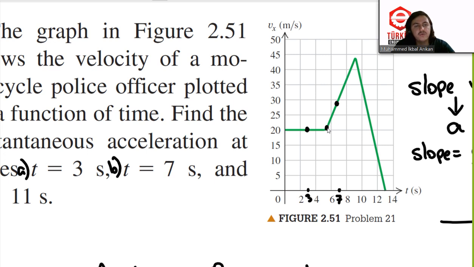As you see, from this point until this point, you have constant slope, just a straight line. If you know the slope between these two points, you can calculate the acceleration. So let us take the slope of this straight line to calculate the acceleration when time equals 7.